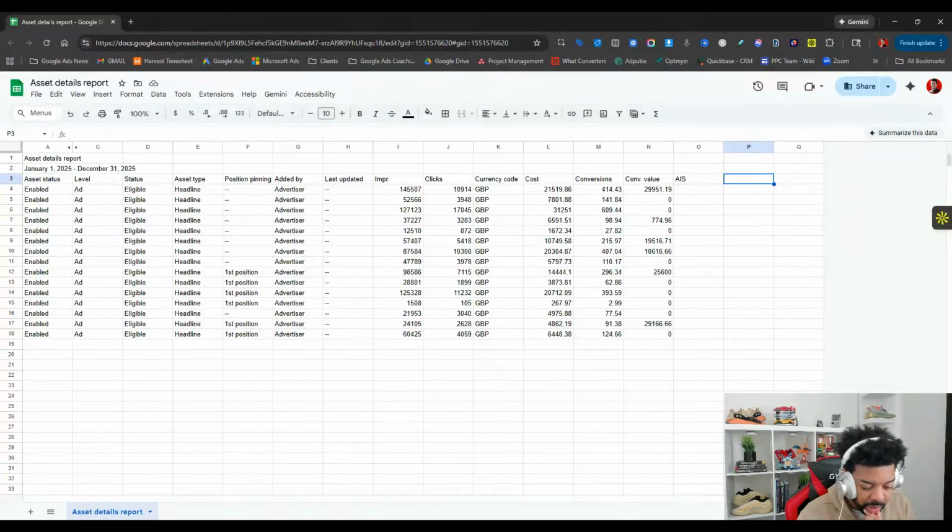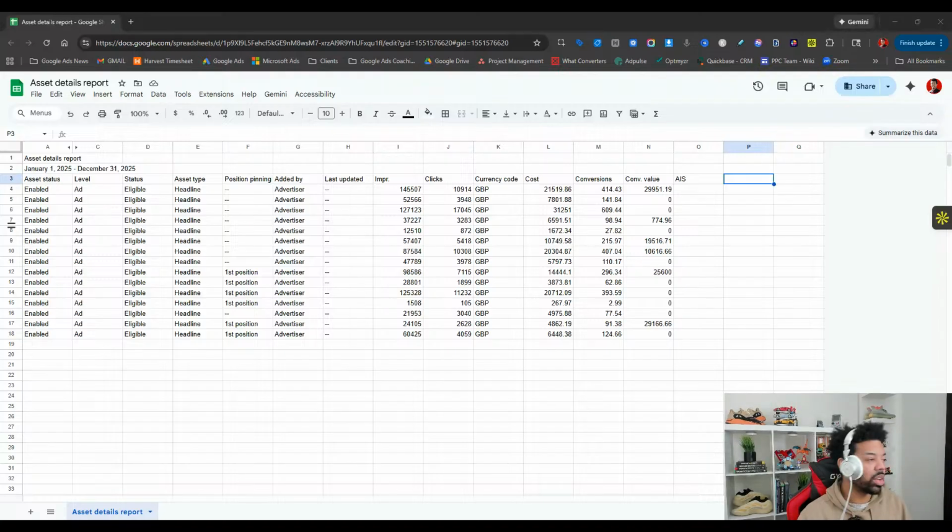How do you download these reports? You click ads, and then you'll see all the ad copies, and then right at the bottom you'll see where it says, let me see if I can find it, because I don't want to pull up the account. I'm gonna pull it up on this screen here.